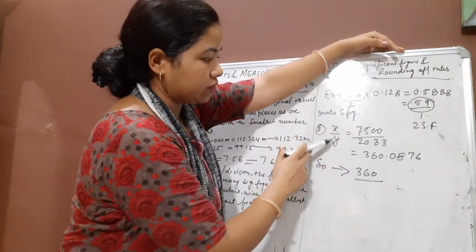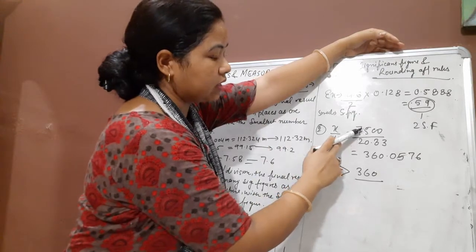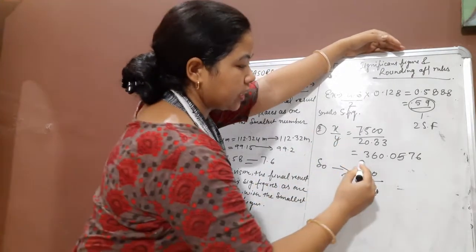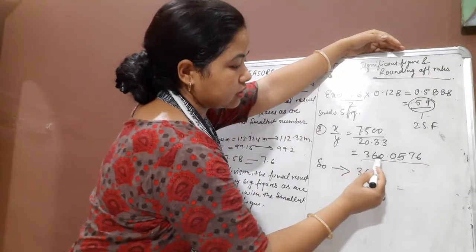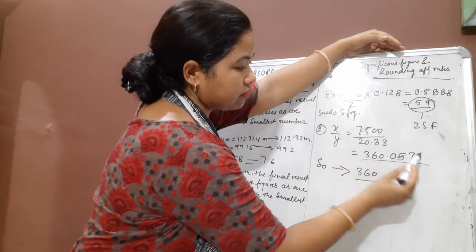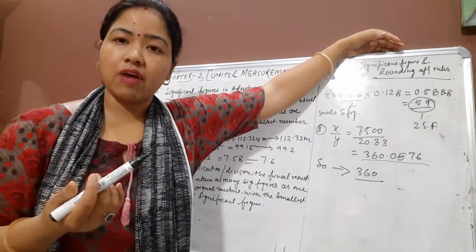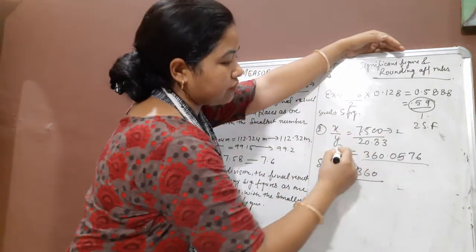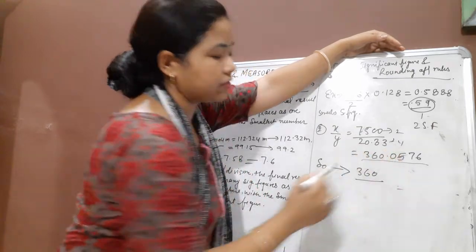Similarly, if the division of two numbers is there, 7500 divided by 20.83, then the result of the division is 360.0576. How many digits do we have to count in the final result? In the very first number we are having 2 significant figures, in the next number we are having 4 significant figures.